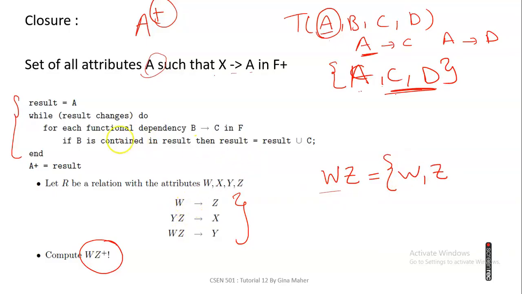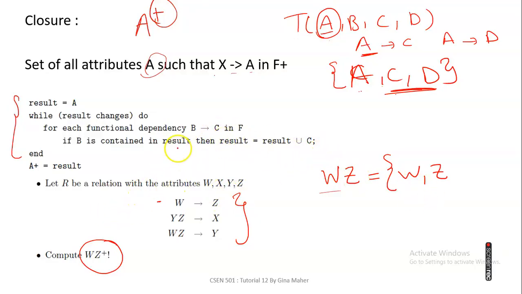For each functional dependency B implies C in F, we are going to check each one. W implies Z: B implies C. If B is contained, then we are going to add the C to the result.